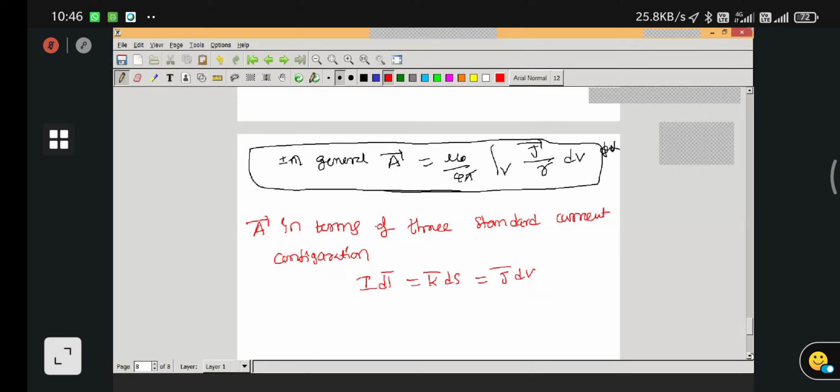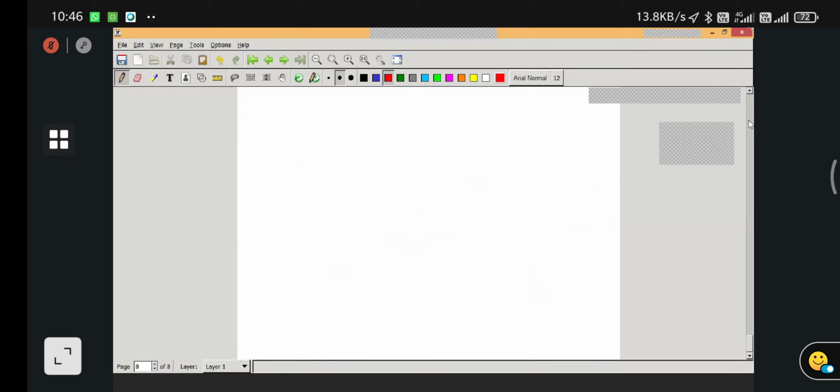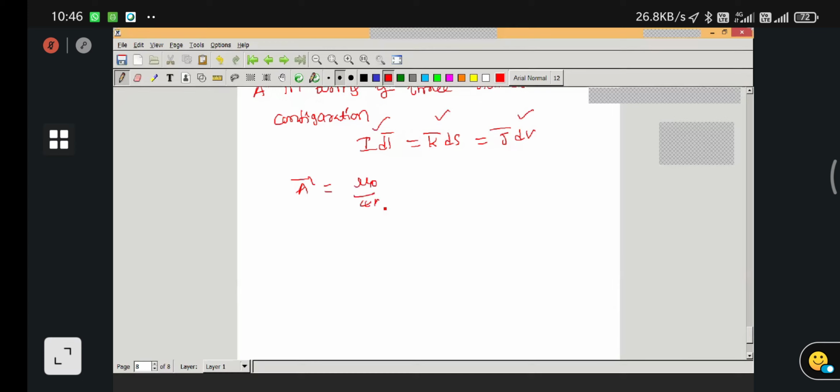The line current, surface current, and volume current: A vector equals mu naught by 4 pi, the surface integral of K vector ds by r, and J vector dv. Sorry, I am not writing clearly.